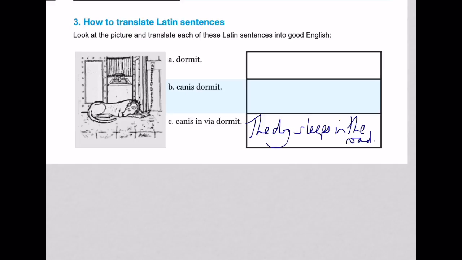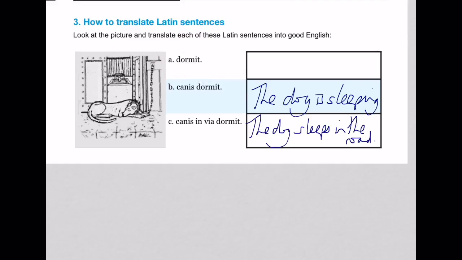Now how about B? Well, we've missed out in via, so it's just the sentence without that. So the dog, I've got more space this time, so I might write is sleeping. Now the last one, the one the whole exercise is designed to help you with, dormit.